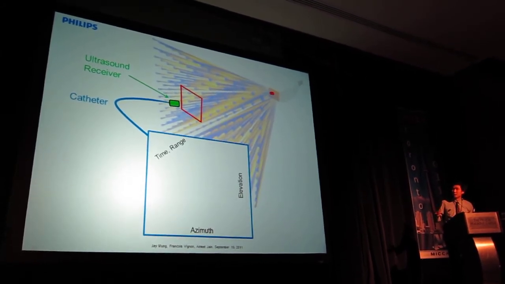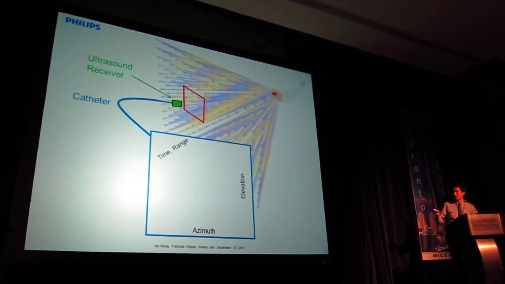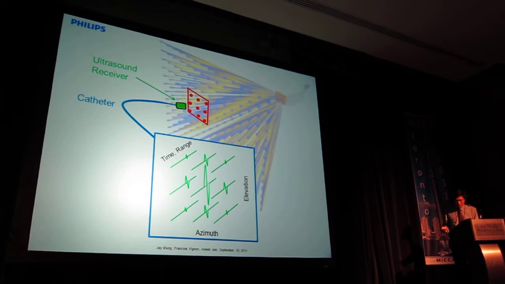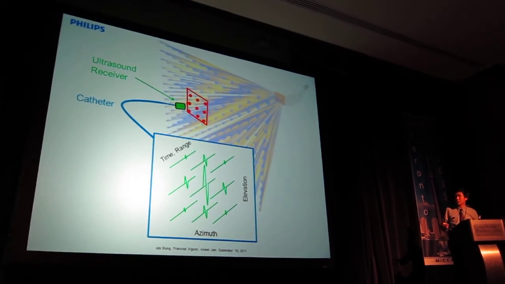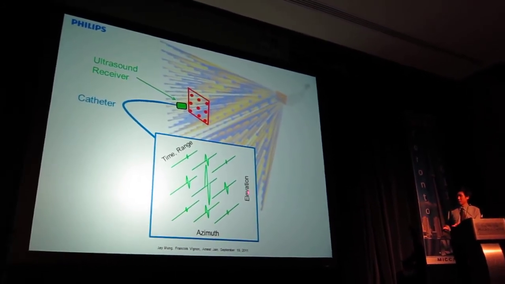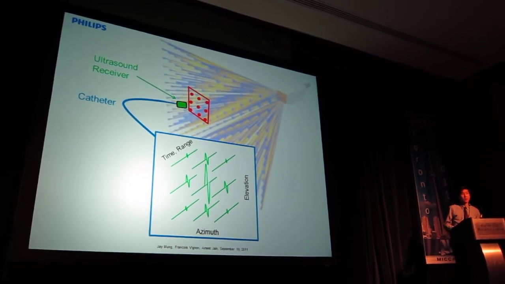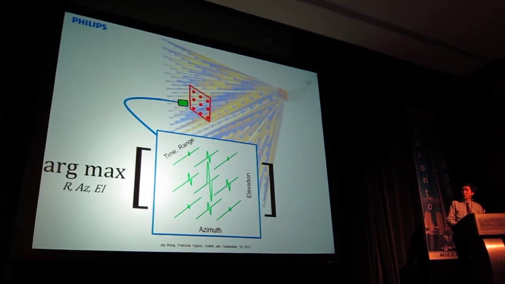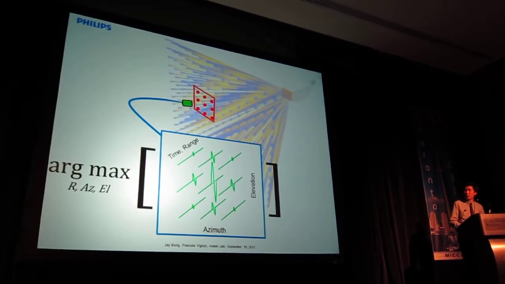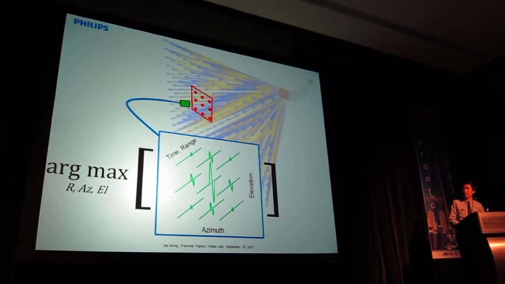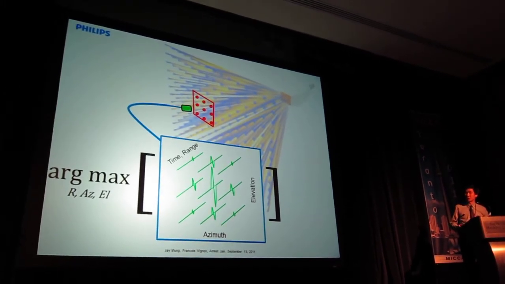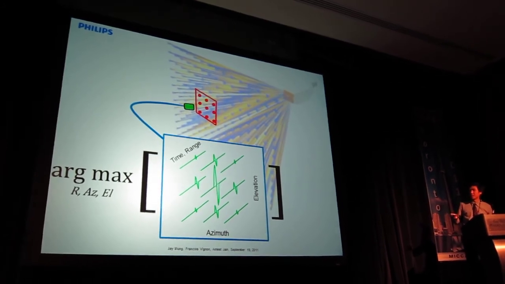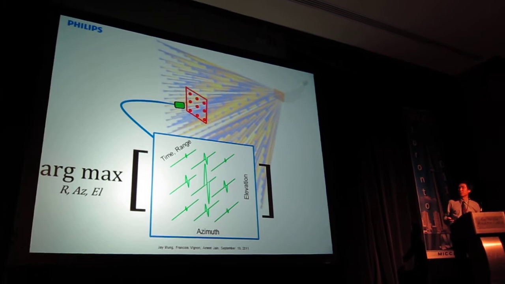And because we know the precise timing, we can parse this time domain signal into a 3D matrix with its shape corresponding to the elevational and azimuth locations of the transmit beams. And if we do a simple search for the maximum signal amplitude, we can find a rough estimate of the azimuth, elevation and range position of the tool.